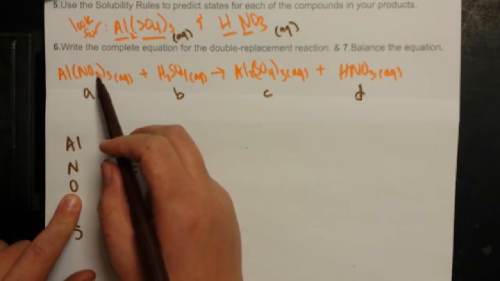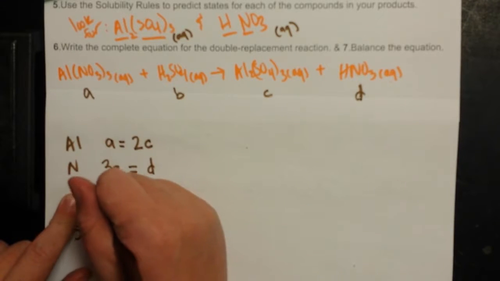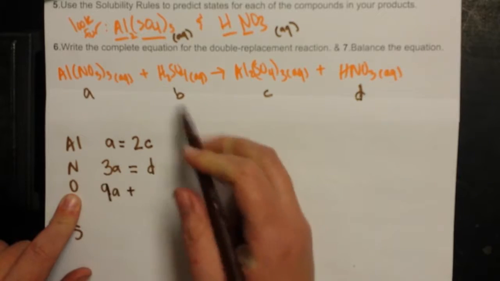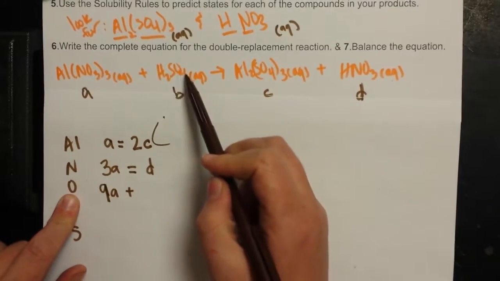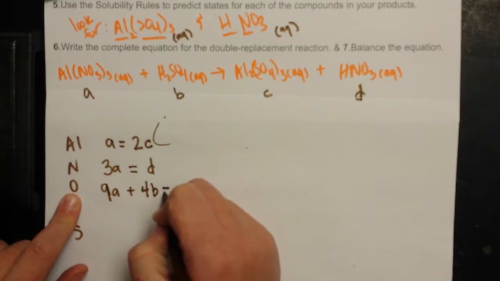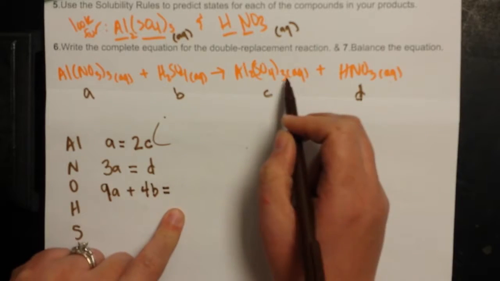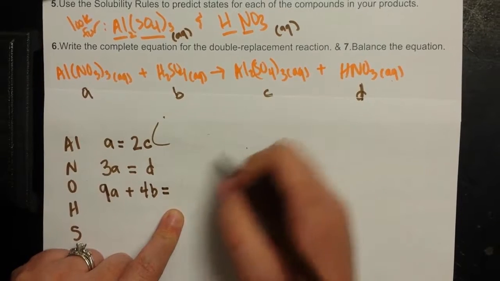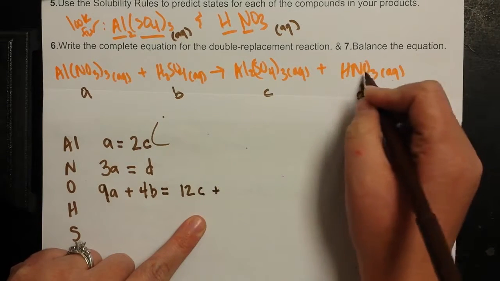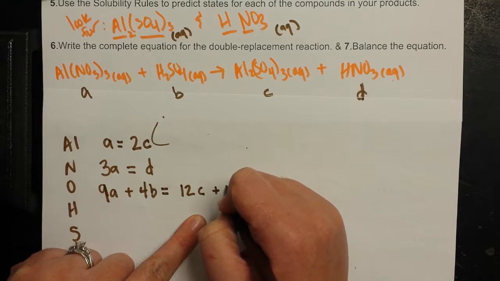For oxygen, I should have 3 times 3, so 9 times the value of A, plus 4 times the value of B. And that whole side must equal this whole side, so 3 times 4 oxygen, so 12 times the value of C, plus 3 times the value of D.